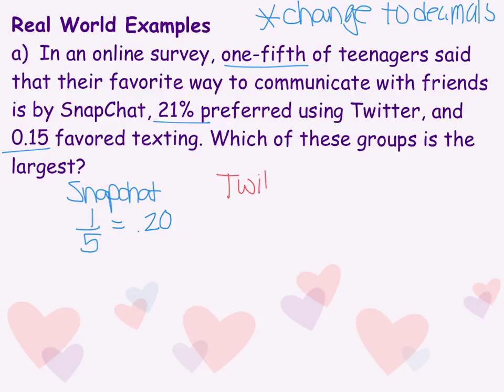All right, moving on to our next type. Kids also like to communicate via Twitter. And this one was 21%. And I'm going to change that into a decimal. Now I want you guys to watch how I'm going to use that Dr. Pepper thing to help us. So Dr. Pepper, I'm just going to say Dr. P. That's how we would write it out.